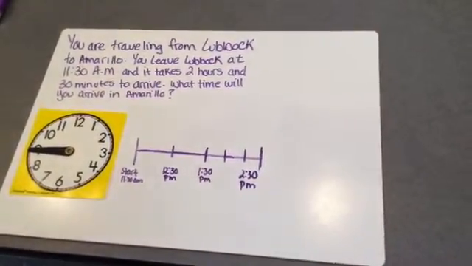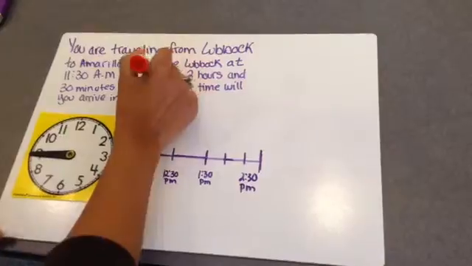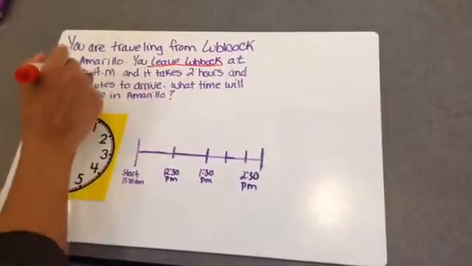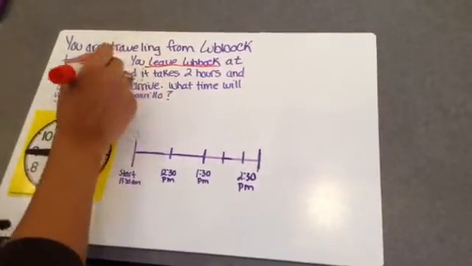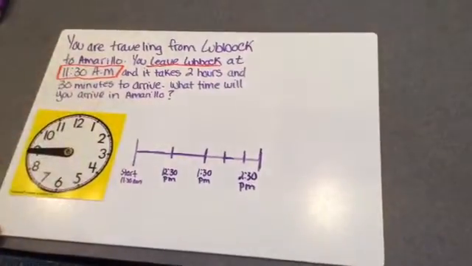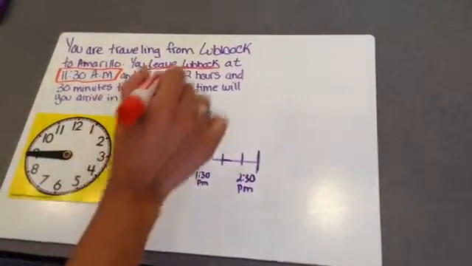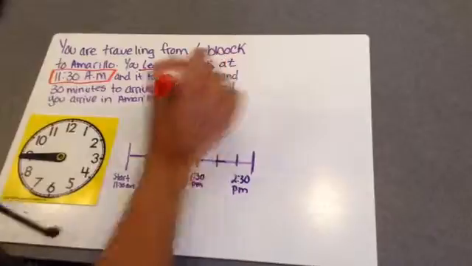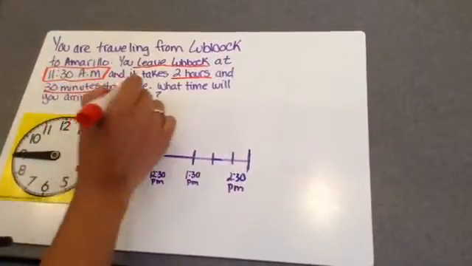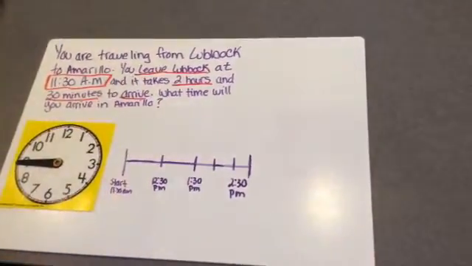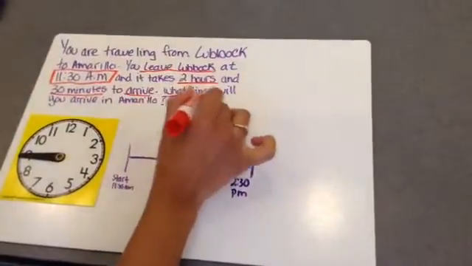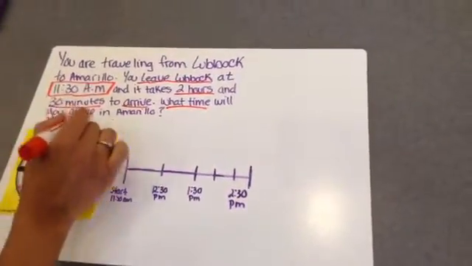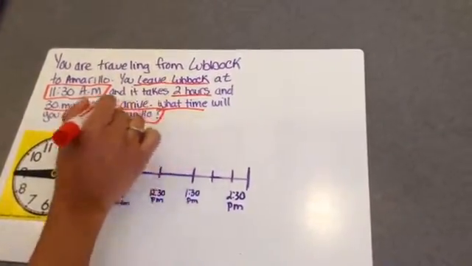You know that you're going to leave Lubbock at 11:30 a.m. And it's going to take you 2 hours and 30 minutes to arrive. Now the question wants to know, what time will you arrive in Amarillo?